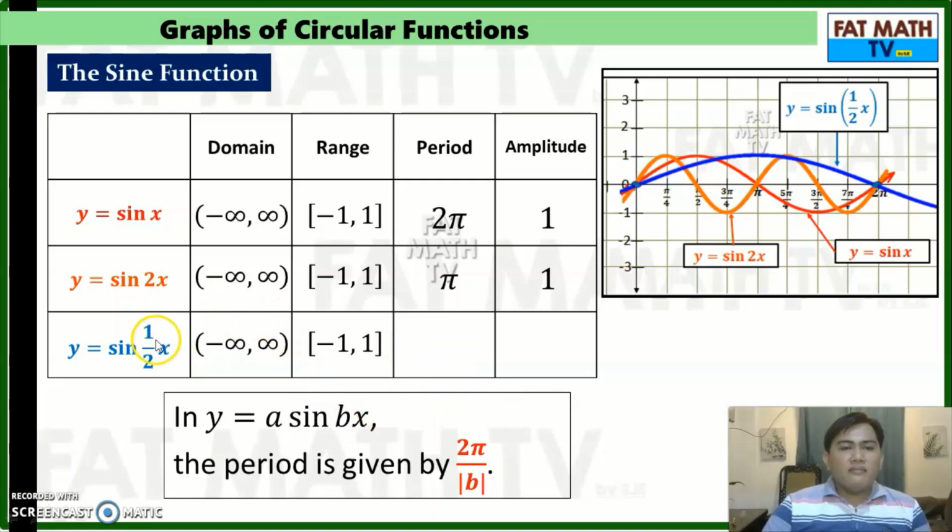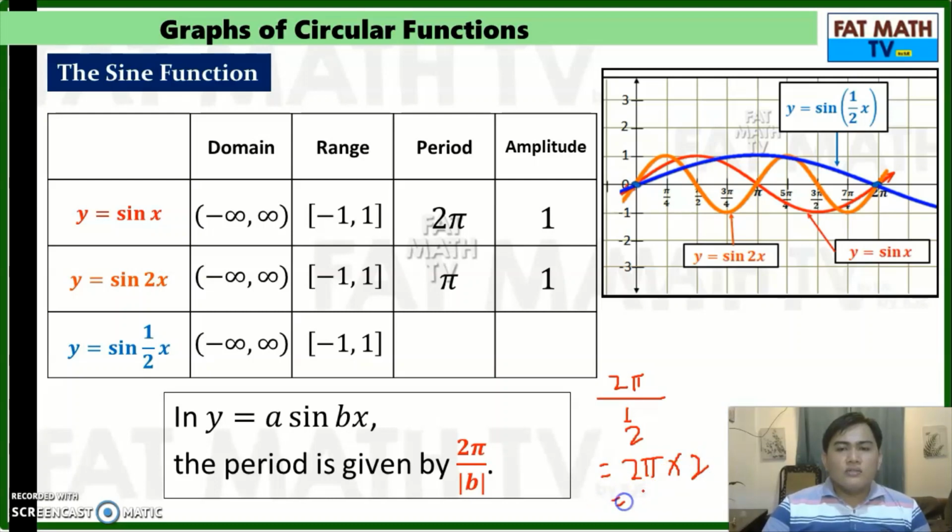So that is 2 pi times the reciprocal of 1/2, which is 2.